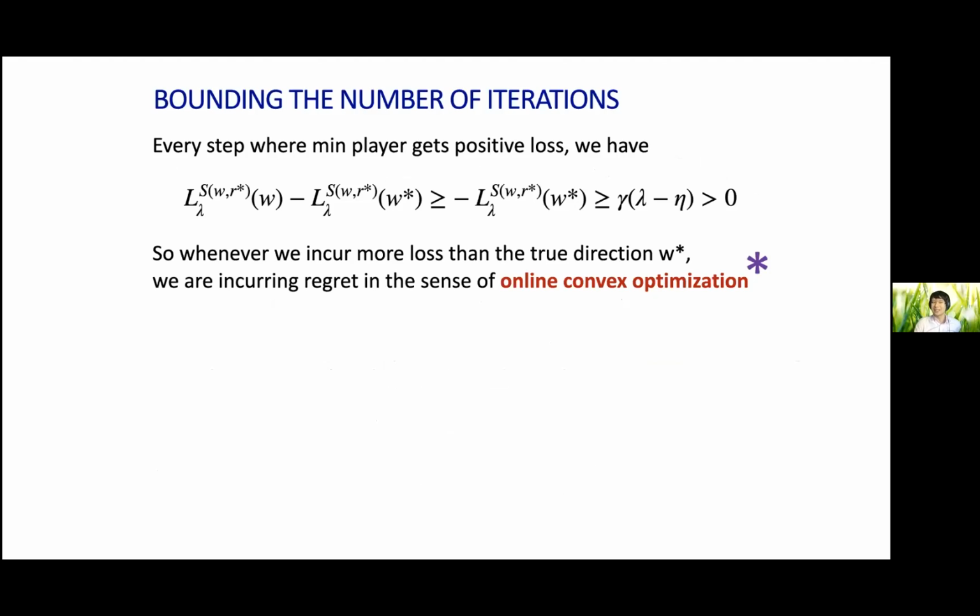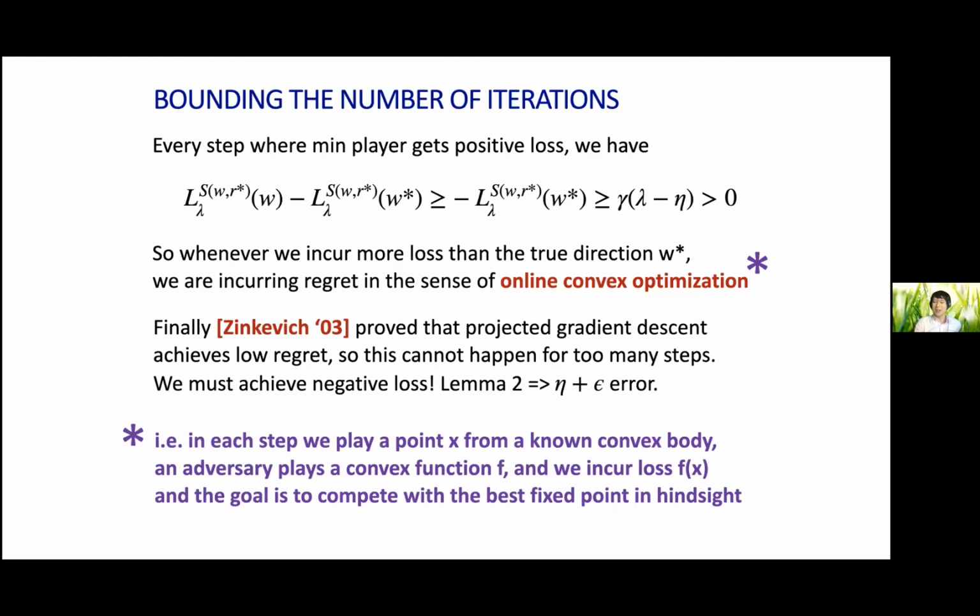Okay, and why is that good? Well, the L of lambda is a convex function, and gradient descent has this great guarantee, which is that it's a low regret algorithm. So if I keep playing convex losses and I keep doing badly, the point I play is bad compared to the best fixed point, then gradient descent is actually going to learn a lot. And very quickly, it's going to find a point where I don't incur a lot of regret.